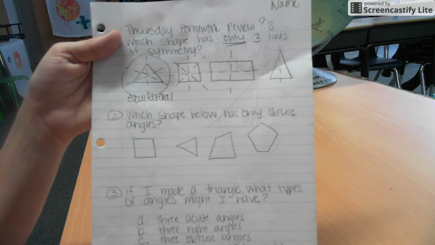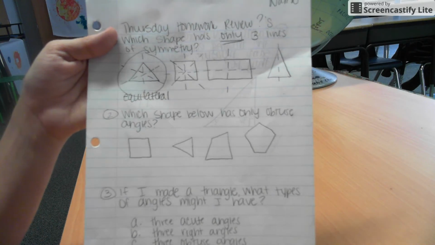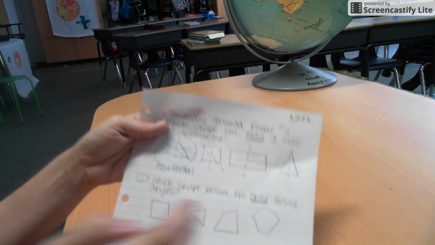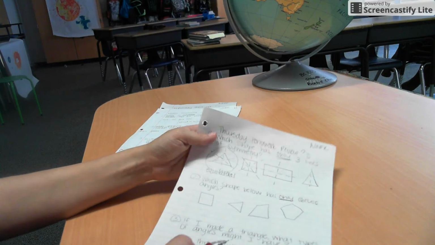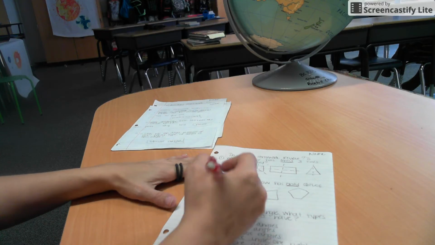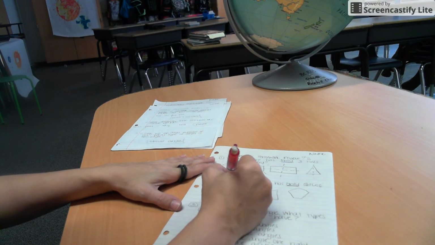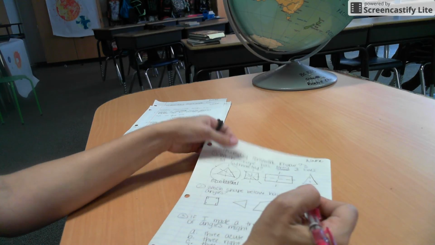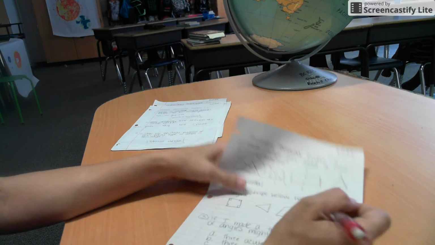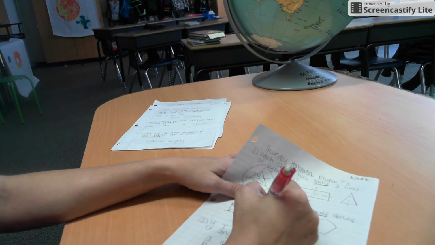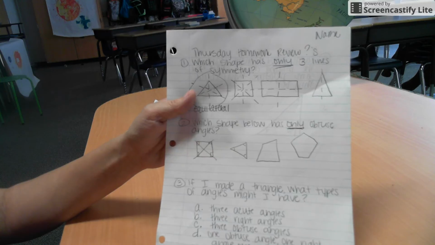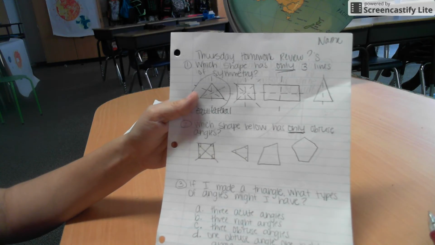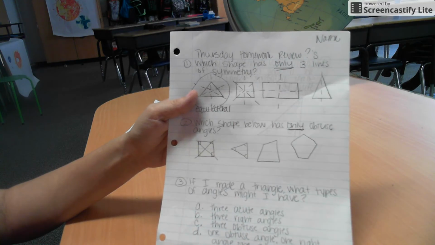So let's look at number 2. Which shape below has only, underline only, obtuse angles? Well, look at a square. A square we know has 4 right angles. So is that only obtuse? No. What about this triangle right here? Looking at all of those angles, what kind of angles do those look like?